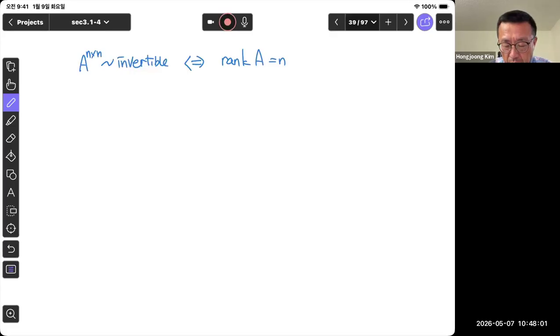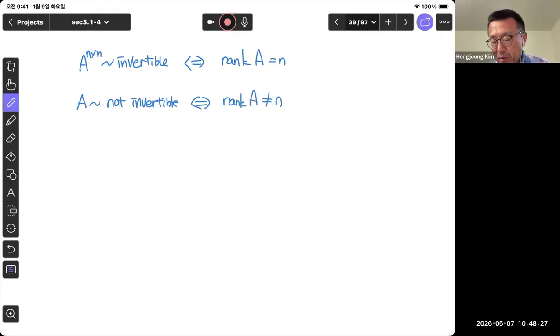So if A is not invertible, that means the rank of A is not n. Of course, that means the rank of A is less than n.